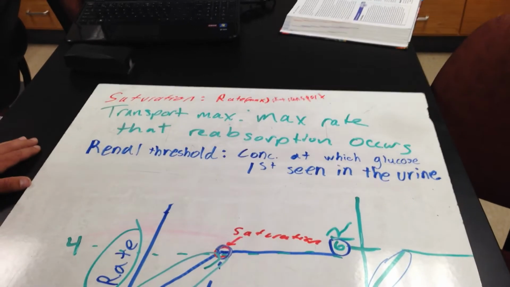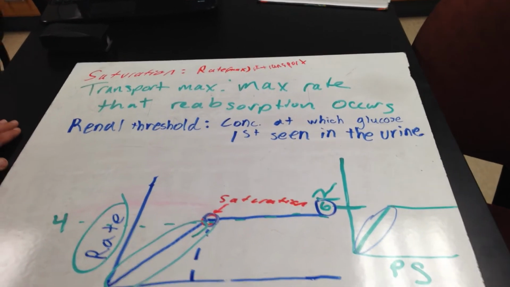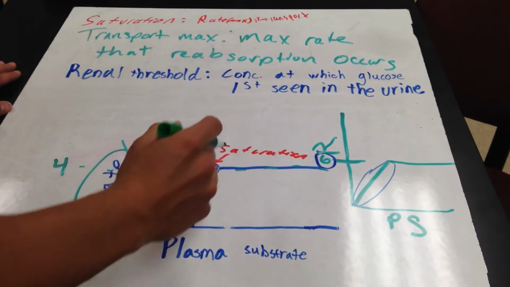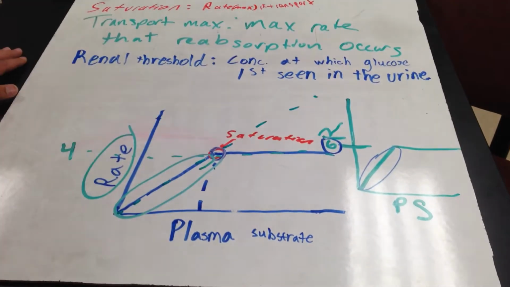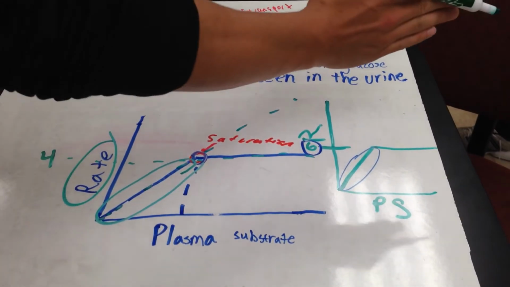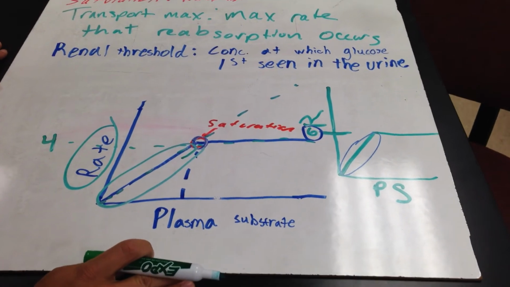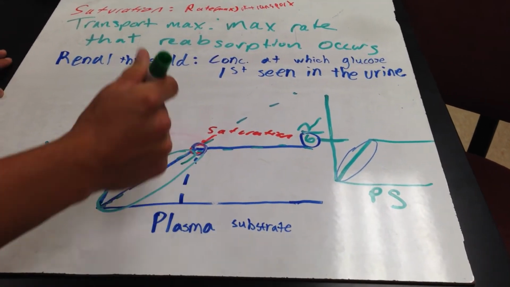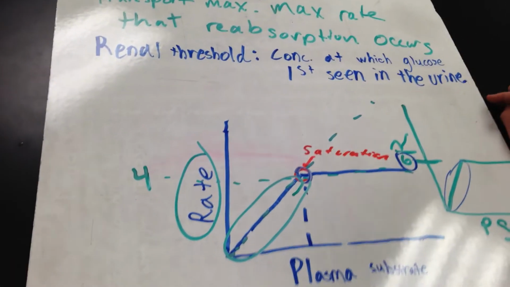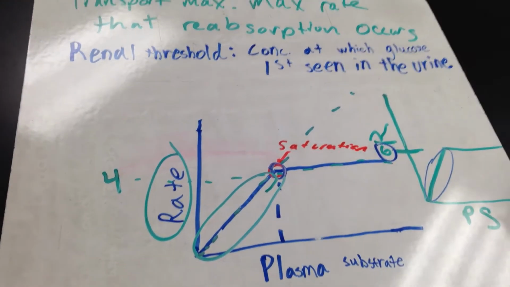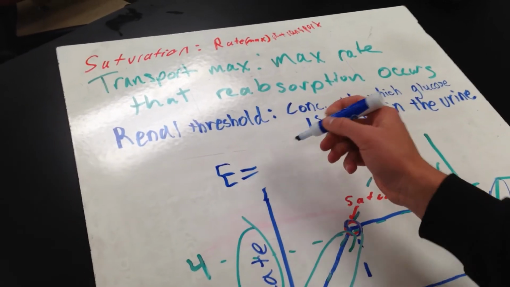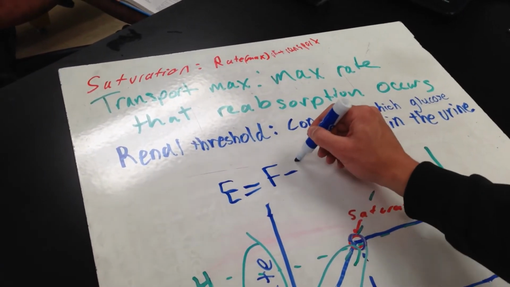All right. So, how else can we break this graph down, guys? Let's think. Filtration is a constant. It doesn't have a saturation, and so if you graph it, the line just keeps going and never plateaus. Then excretion: the amount that is excreted is equal to the amount that's filtered minus the amount that's reabsorbed.